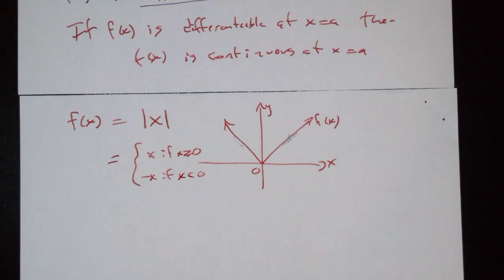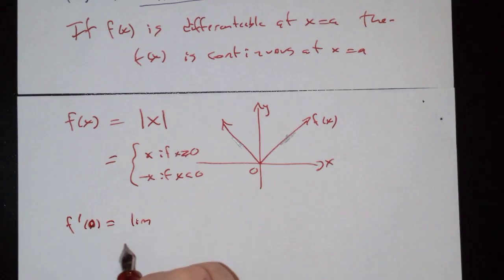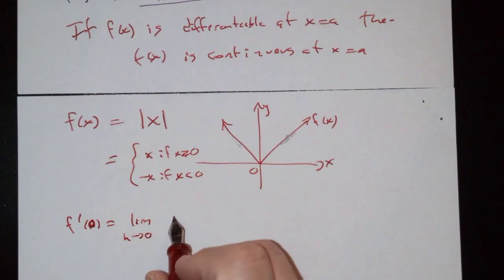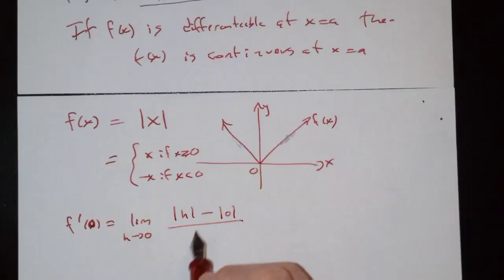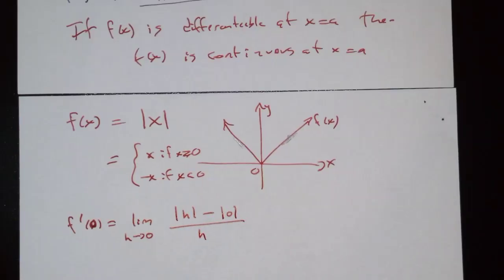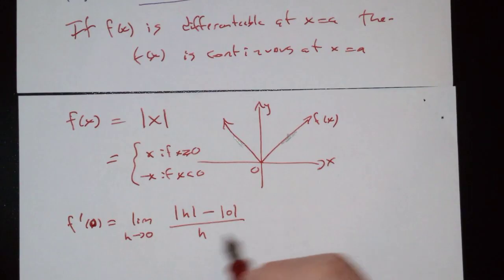So I would have to do a left limit and a right limit to do f prime of 0: f of 0 plus h minus f of 0, over h.